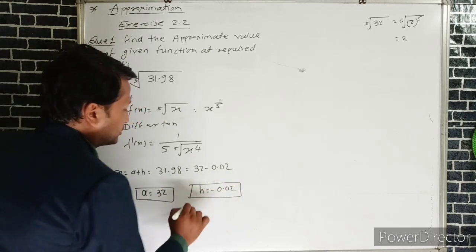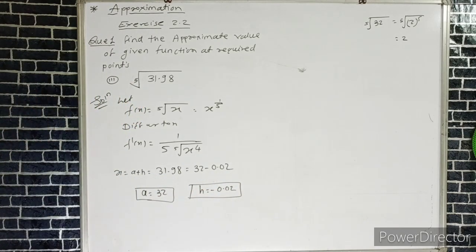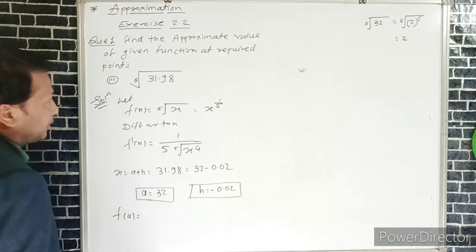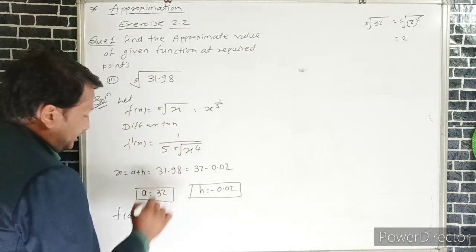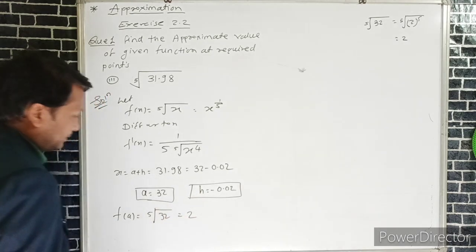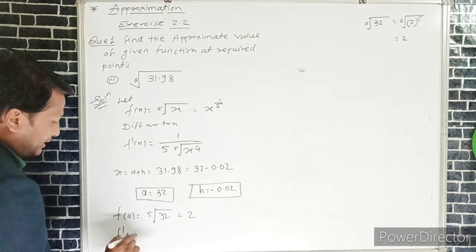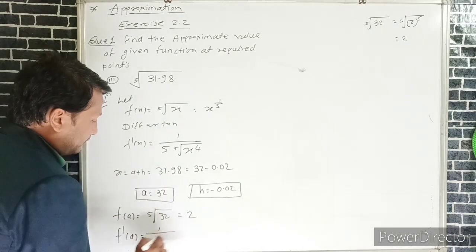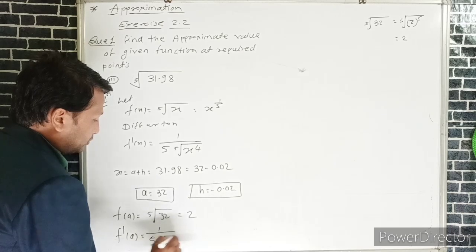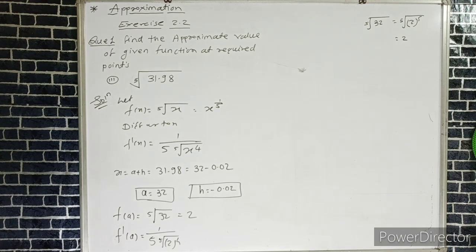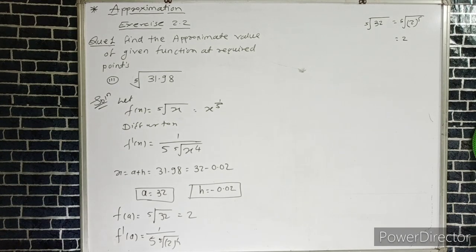The value of f of a is the fifth root of 32, and the fifth root of 32 is 2. Again we can write f dash of a as 1 upon 5 into the fifth root of 32 raised to the power 4.